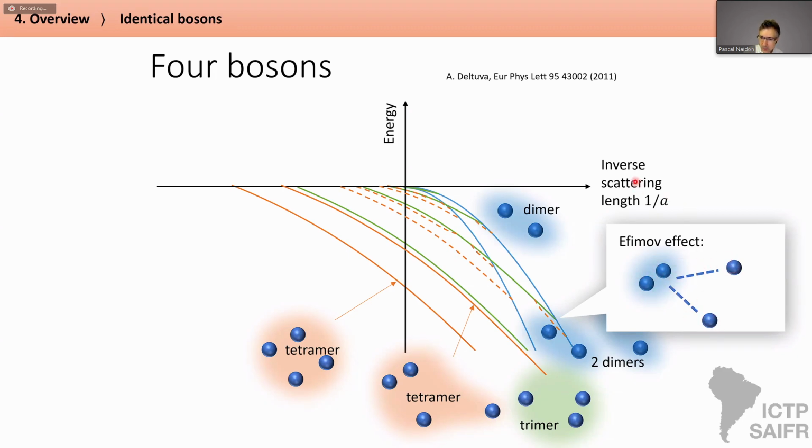So far I've talked only about identical bosonic particles, and later we will see what happens for different kinds of particles. But I can already tell you in advance that there's also an Efimov effect for this configuration: a larger, twice heavier particle that is resonantly interacting with these two particles. But this is a rather unfavored situation.